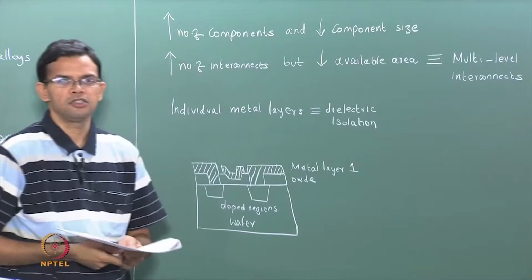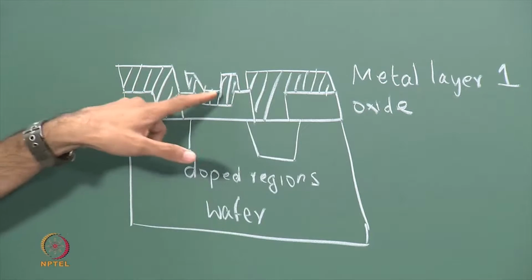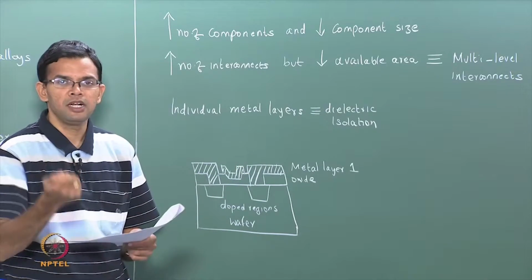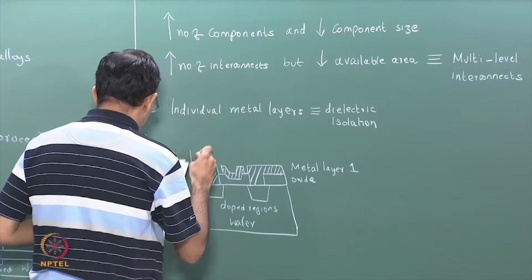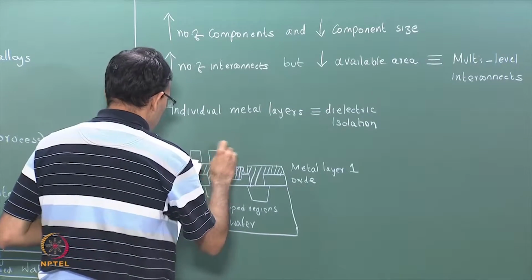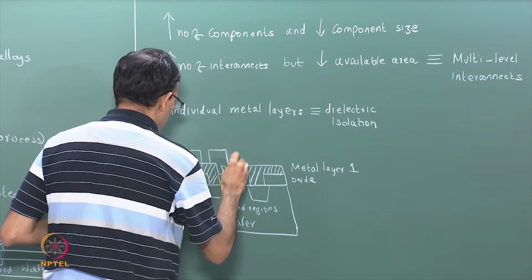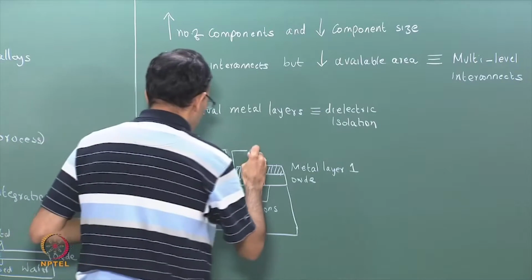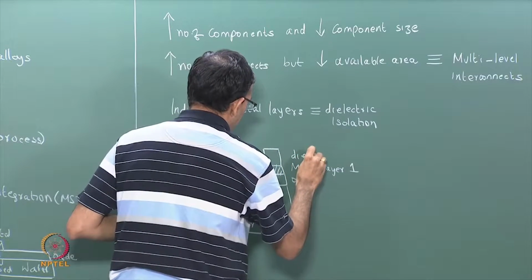So if you think of this as your simple MOSFET, you have a source and a drain, and then you have an oxide layer, and then you have a gate, and you make connections to the source, the drain and the gate. So we can build upon this by having another layer of metal. So we again have a dielectric layer. So this is the dielectric layer.